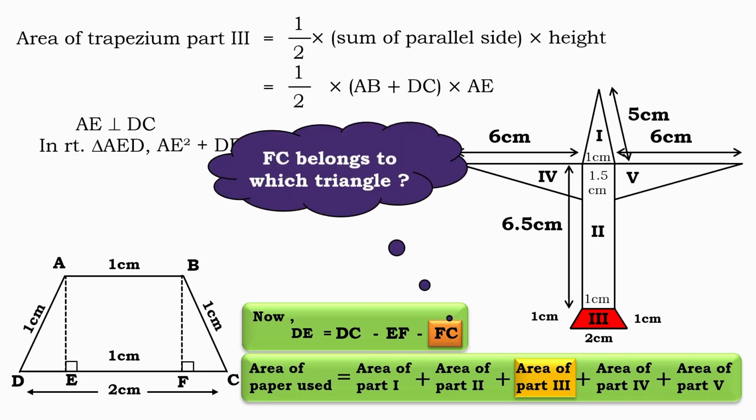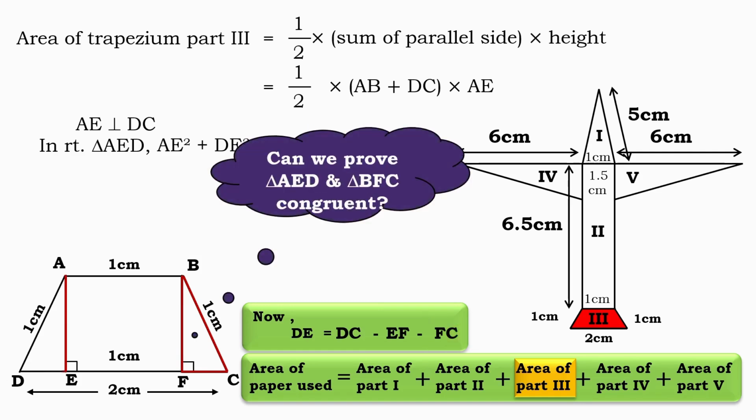Now what is FC? We have to check which triangle FC belongs to. It belongs to BFC, right? Now can we prove that triangle AED and triangle BFC are congruent? If we can prove those are congruent, then DE is equal to FC, right?